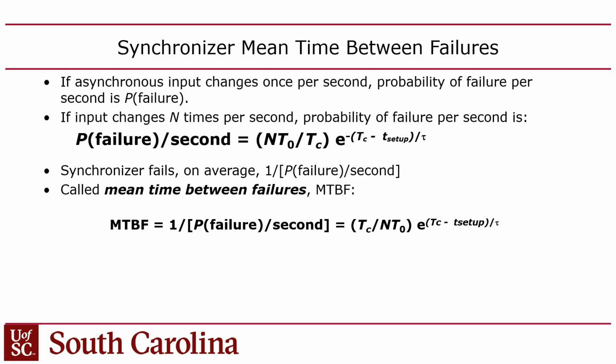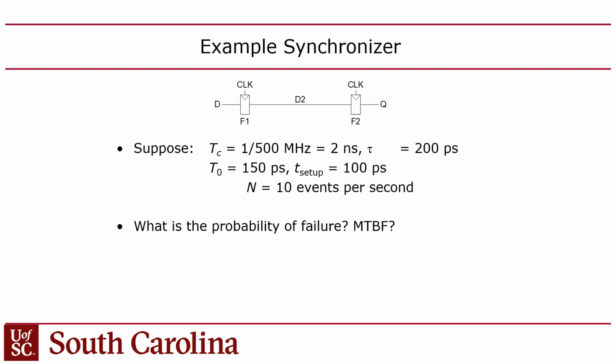So basically, that equation I gave you is the probability the synchronizer will fail on one transition. If you multiply it by n, the transitions per second, it'll give you the probability per second that you fail, right? And then, if you take the inverse of that whole thing, it will give you the mean time between failures. It will give you the expected time. Given n, the transition rate, you can calculate the mean time between failures. You can calculate how long you'll go before you get some wonky input on your input pin, okay?